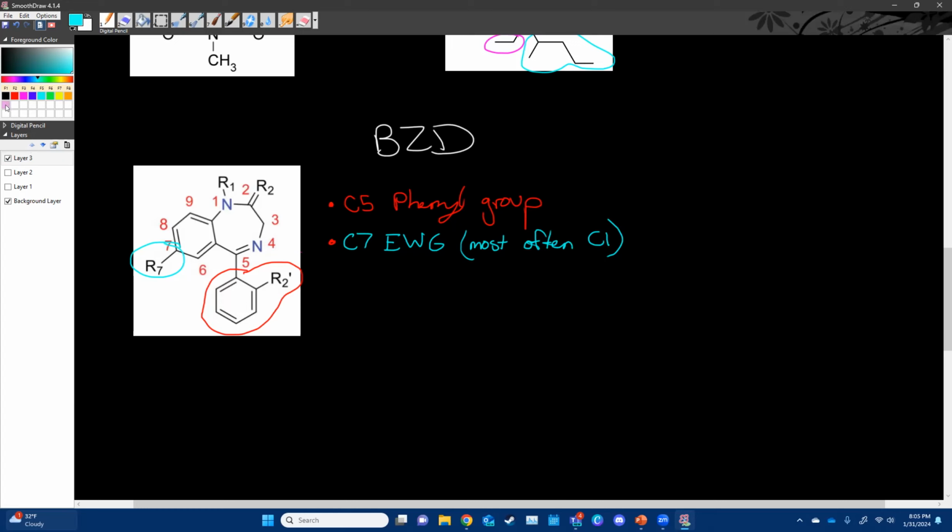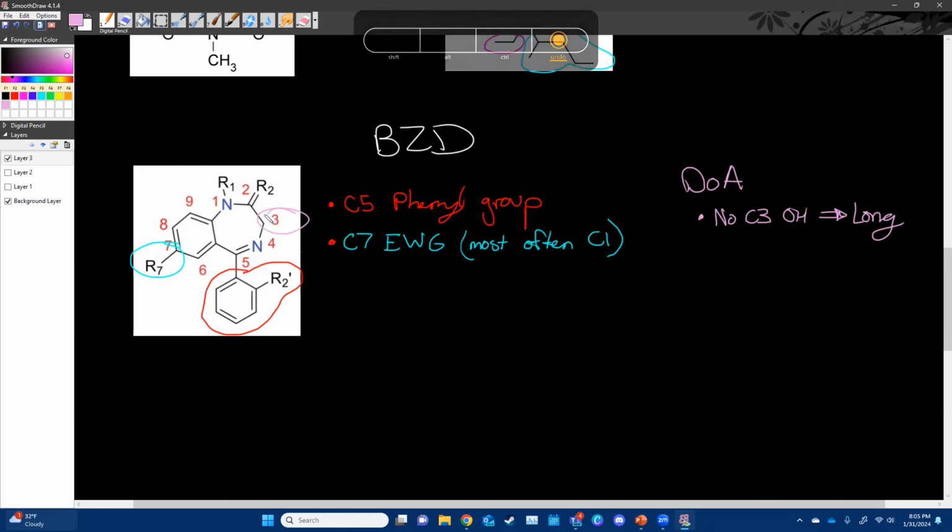And just to make this really simple so you can have it in your notes, when we talk about the duration of action, if you have no C3 OH, you are considered long-acting. So on carbon 3 here, we're going to see if there's an OH. If you have a C3 OH, you are considered intermediate acting.